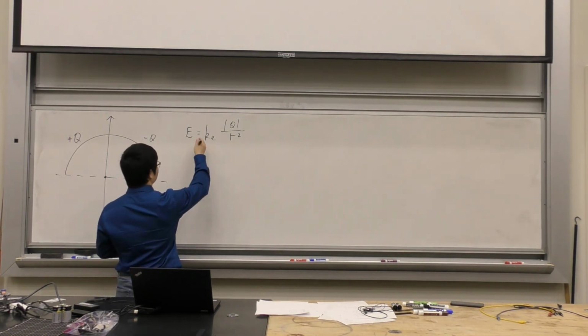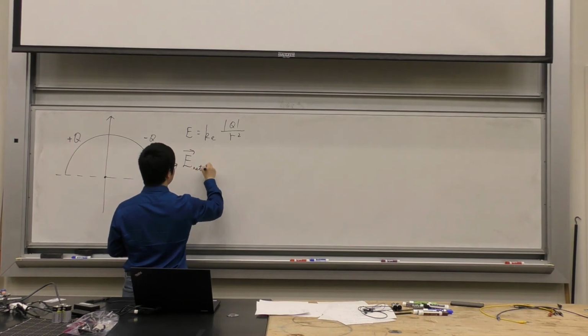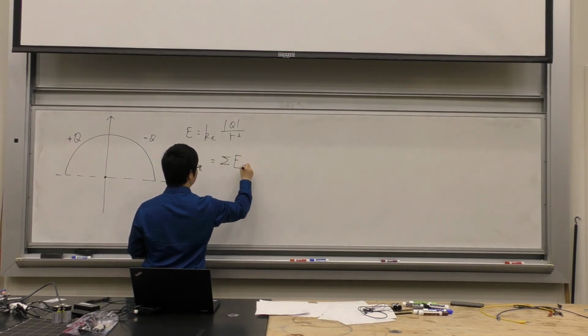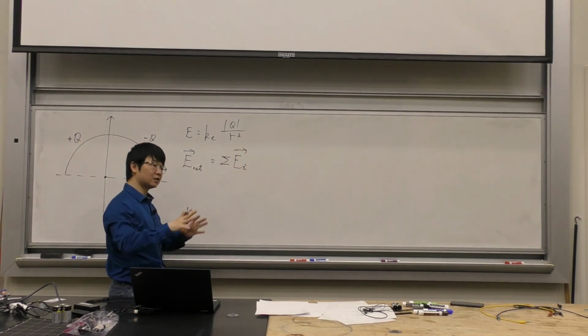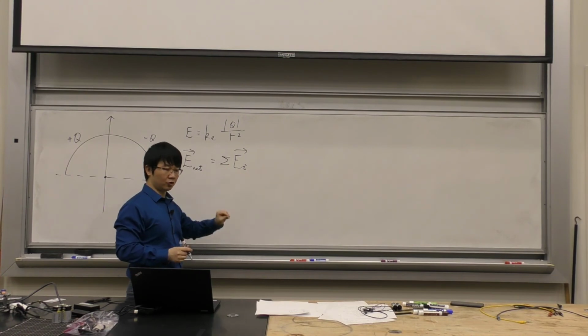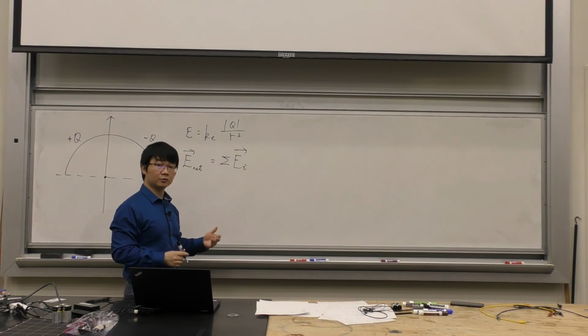Remember, if I generalize this to a multiple charge combination, it's going to be this. If I have a group of isolated point charges, I just calculate the electric field created by each charge using this theory, and then add them as vectors. So of course you're going to break them into x and y components.